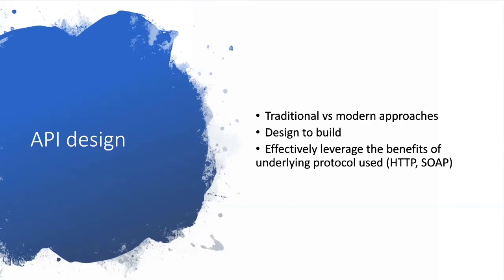So with MuleSoft and the RAML and OAS technologies, we can actually use these API specifications to get the customer feedback right away. So I'll be going over this more in the demo.